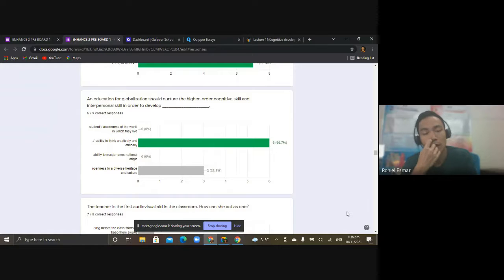Those are the levels that should be targeted for an education that focuses on globalization. So the correct answer for this is the ability to think creatively and ethically.